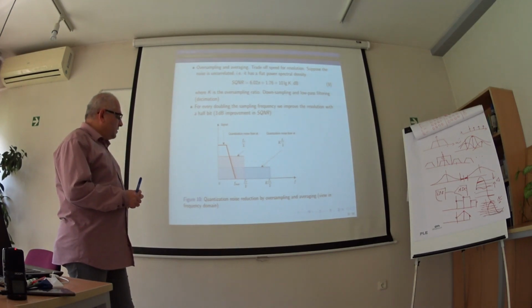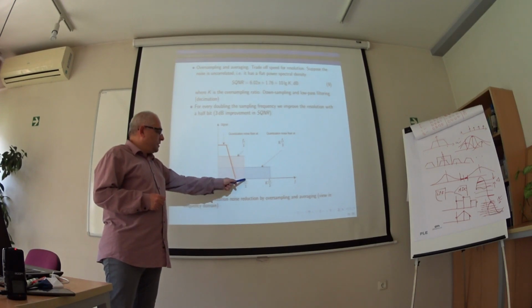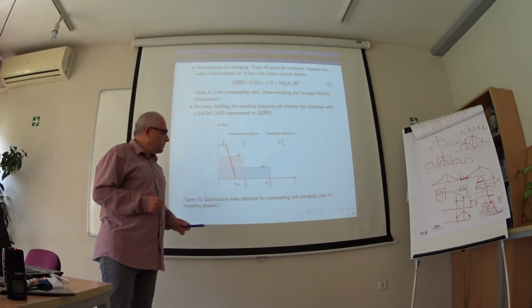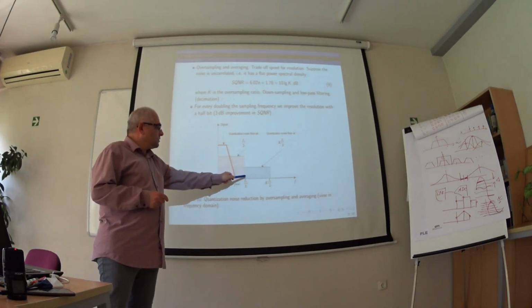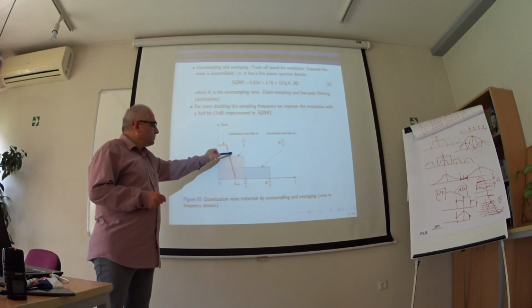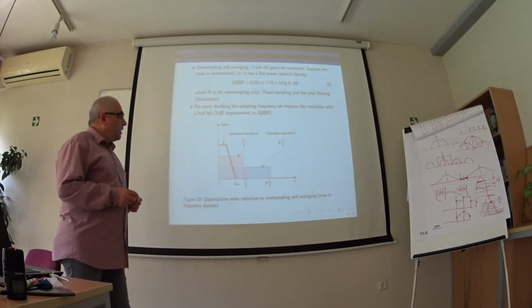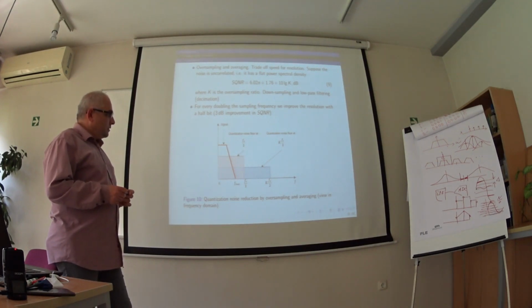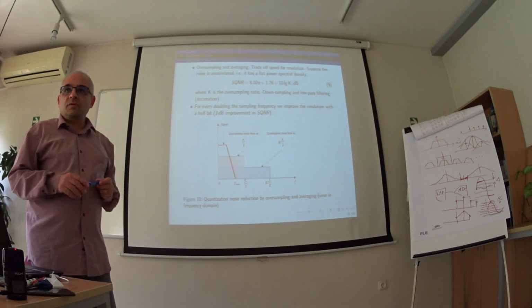Now, if the Nyquist frequency is here, half of the sampling rate, this is our quantization noise. The area is the power of the quantization noise. We consider this noise as non-correlated. It has a flat spectrum.